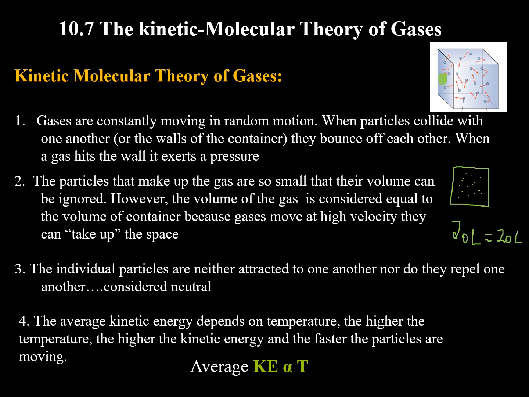Number three, the gases within the box, they don't interact with each other. They're not attracted or repelled from each other, so we consider them neutral. And the fourth one, this is kind of intuitive. If the average kinetic energy, so if the temperature of the gases increases, the particles will move faster as well due to higher temperature.